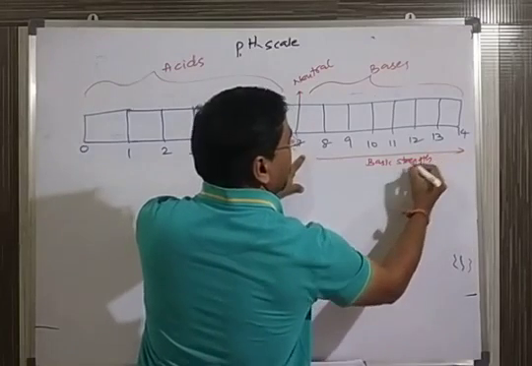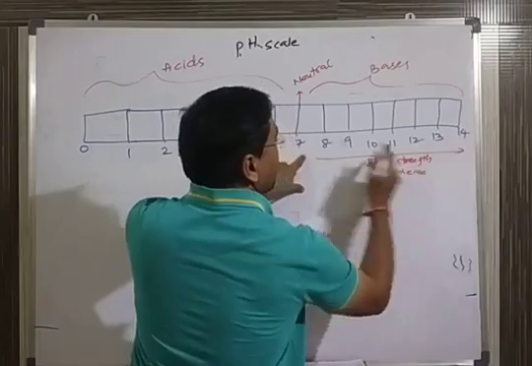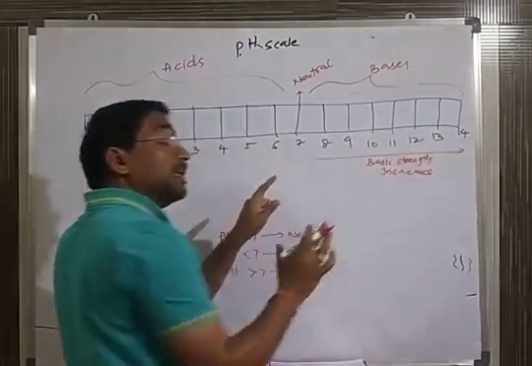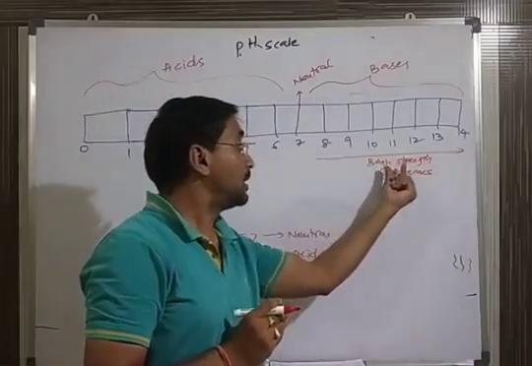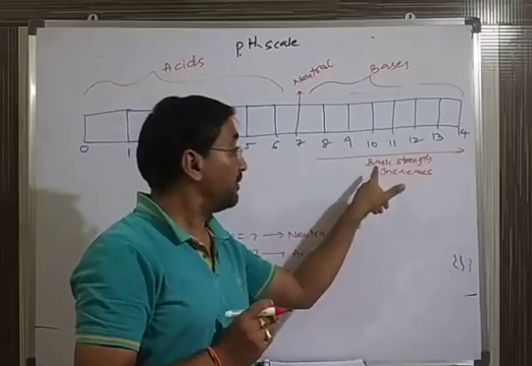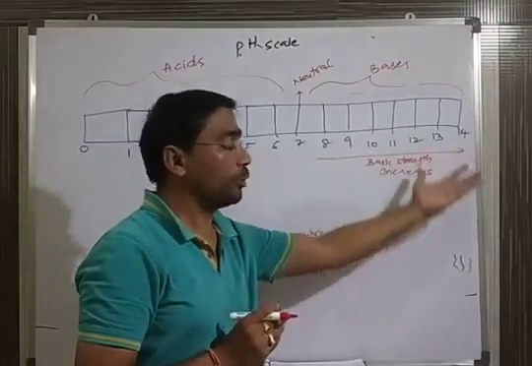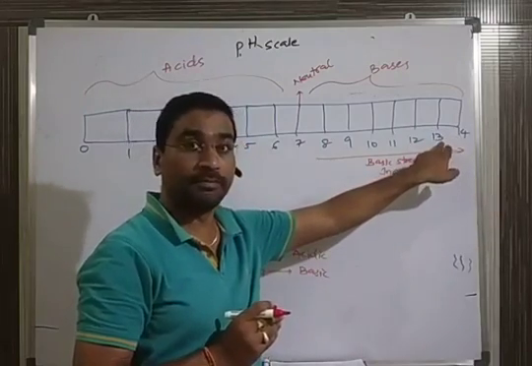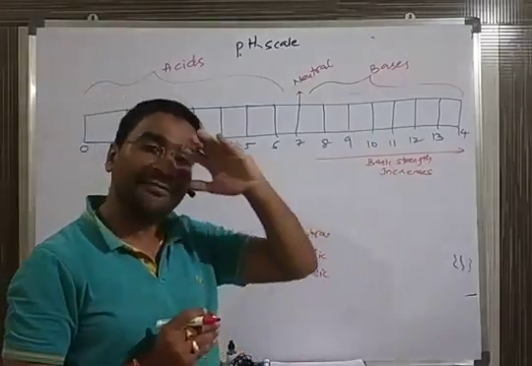As the pH value increases from 7 to 14, that much basic strength a substance will have. So indirectly we can say it is a strong base. If anything has a pH value of 13, it is a strong base. If anything has a pH of 8, it is a weak base.